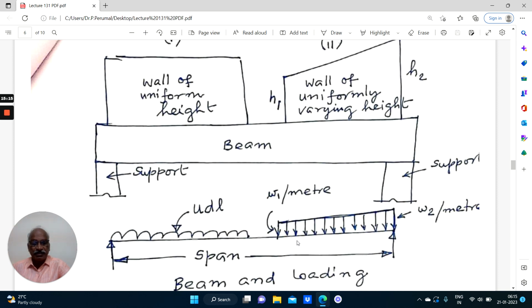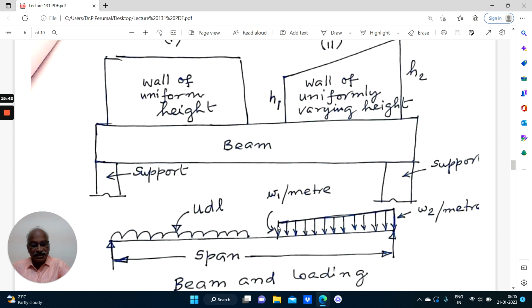The varying load will be given as W1 per meter at one end and W2 per meter at the other end. In the analysis, dealing with this is straight and simple. But coming to this, we will have to assume a rectangle and a triangle so that the calculations will be comfortable.